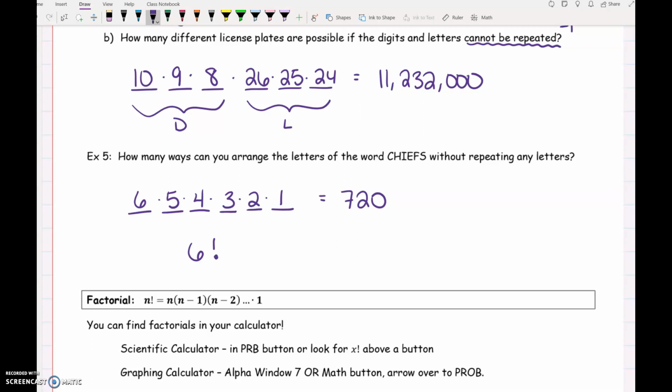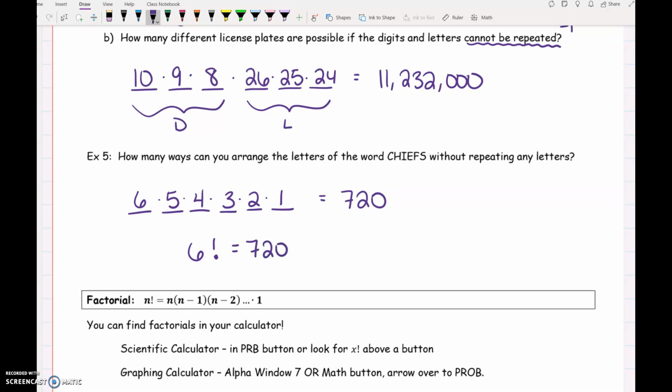We use an exclamation point for factorial. Now, this does not say 6! It says 6 factorial. So an exclamation point in math does not mean excitement. I mean, it does because factorials are exciting, but it means factorial.